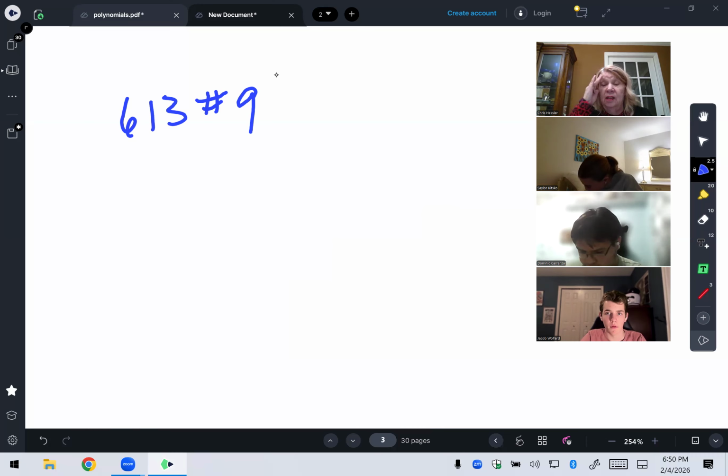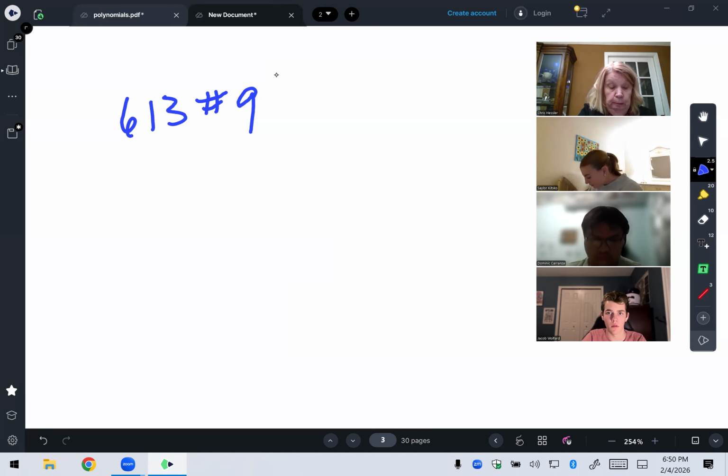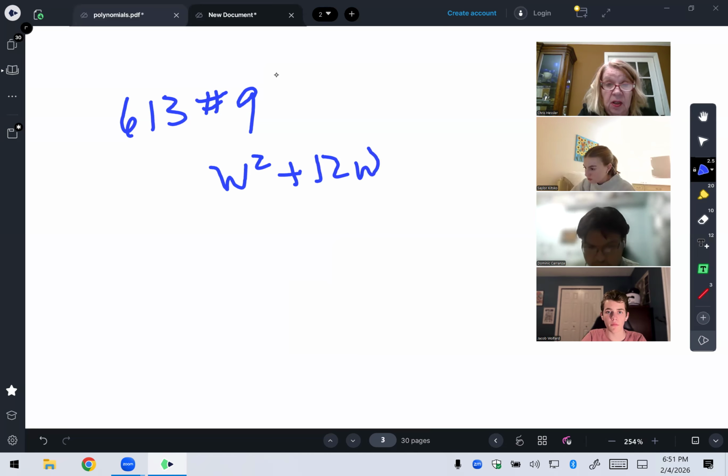Because it has the square roots in the answer choices, that sort of means we're probably going to have to bring out the big quadratic formula. So our problem is W squared plus 12W, we're in the higher difficulty, obviously, minus 40 equals 0.